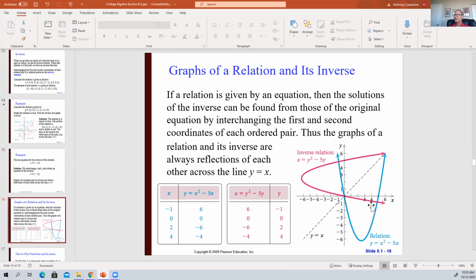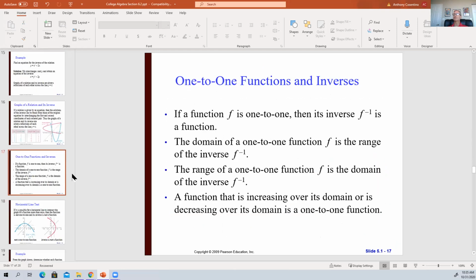And as you can see in this case, because the parabola, the quadratic equation, is not 1-to-1, when we generate the inverse, you can see the inverse is not a function. So if we look at the blue, the horizontal line test tells us we're not 1-to-1. And if you look at the red, the vertical line test, excuse me, tells us that we don't have a function.